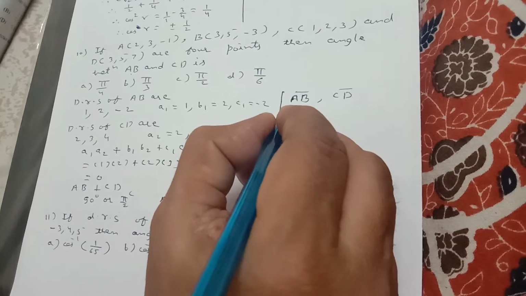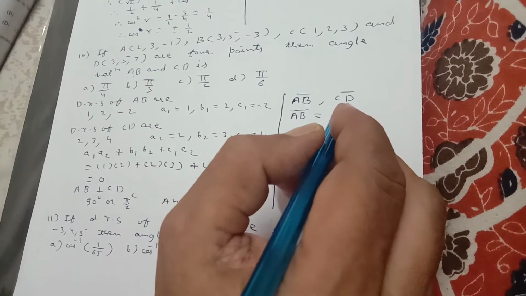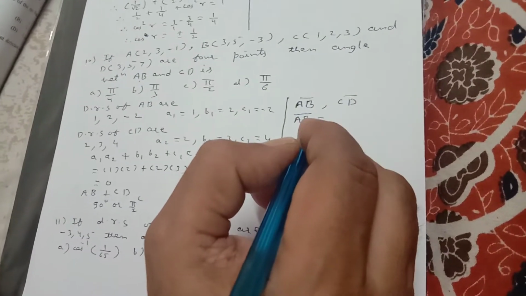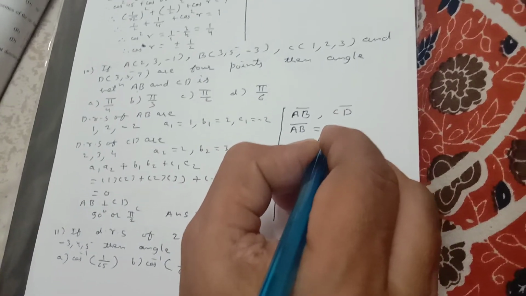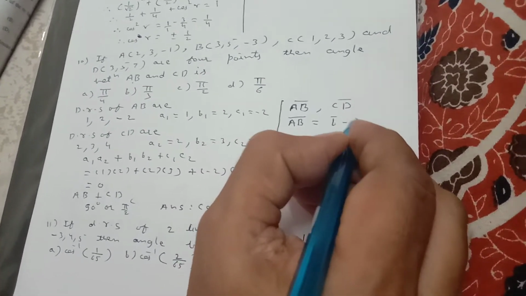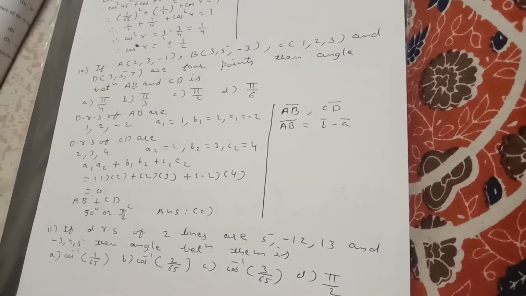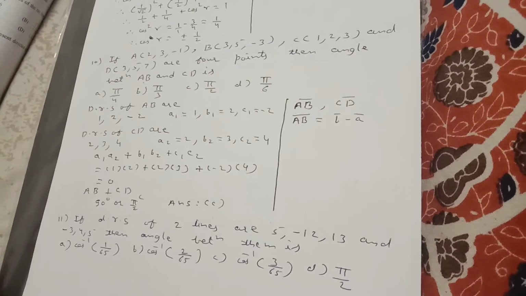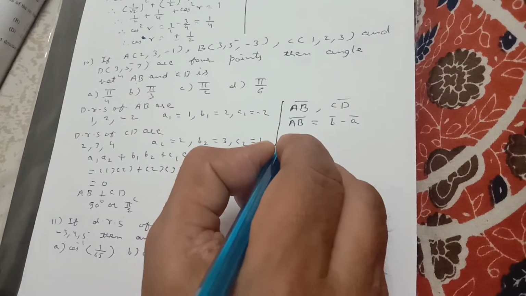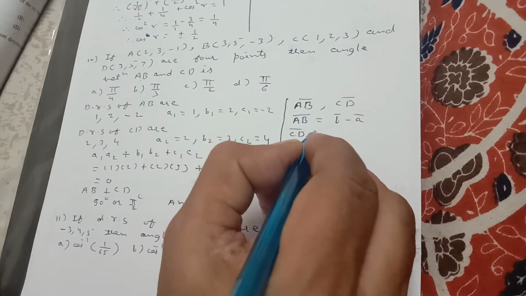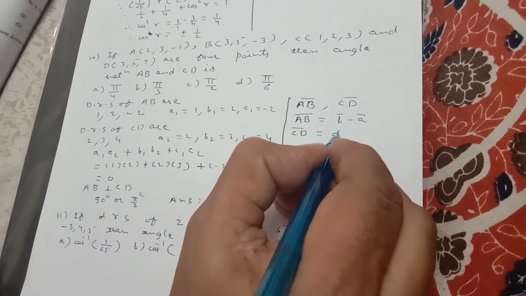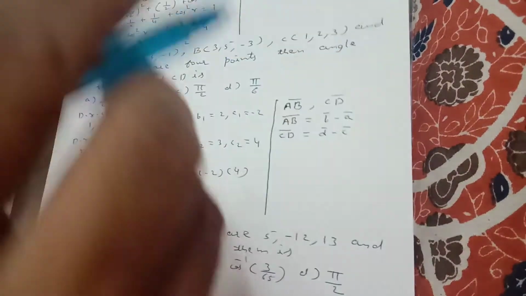AB bar is directed from point A towards point B. A initial point, B terminal point. It can be expressed as B bar minus A bar. Position vector of terminal point minus position vector of initial point. Similarly, CD bar, C initial point, D terminal point. So we get D bar minus C bar.